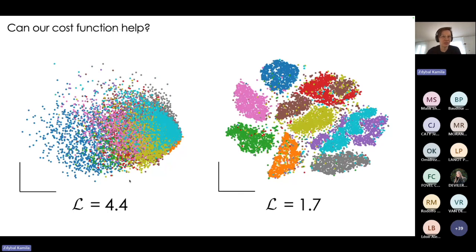Now, I also computed this for that handwritten digits data set. So this was the PCA projection in 2 dimensions. And you see that it just mashed all the points, all the classes together, and the cost is high. It's higher than for the t-SNE projection. And it's because, again, of that overlap of observations.